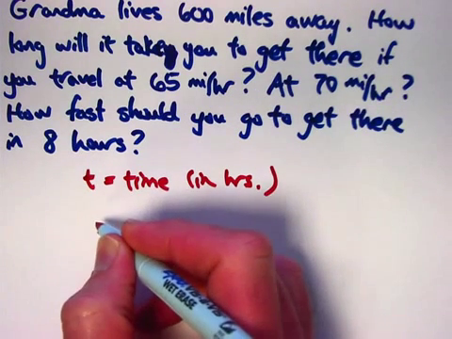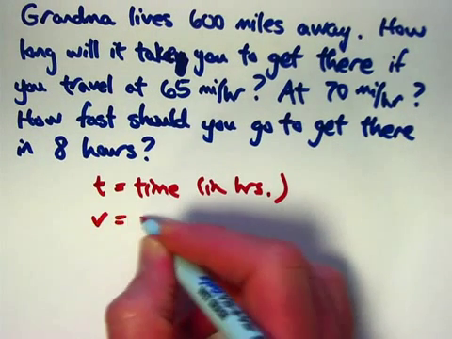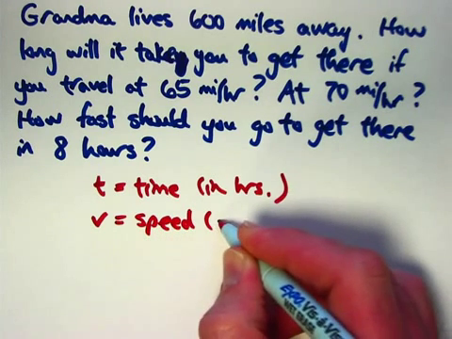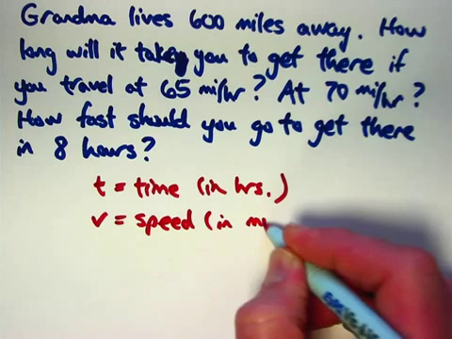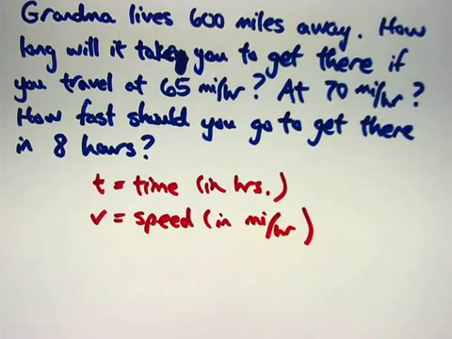I could use s for speed, though it is common to use v for speed. That's supposed to be hinting at the idea of velocity. Now, velocity and speed are not the same thing. Velocity is speed with a direction taken into account, but it is also common to use v for speed anyway.